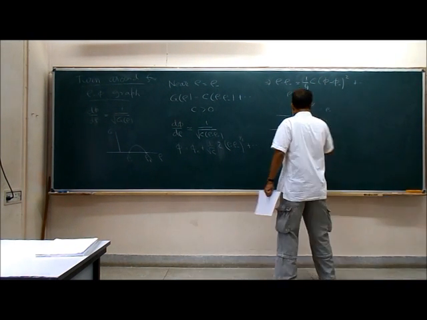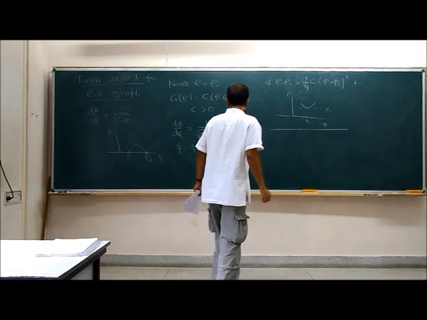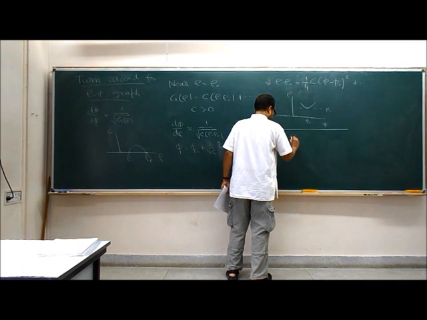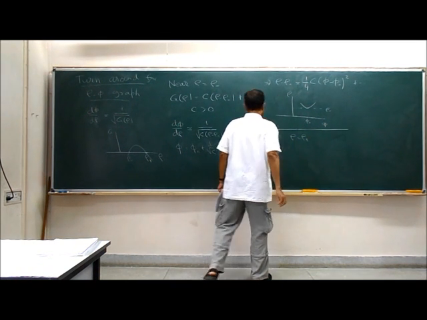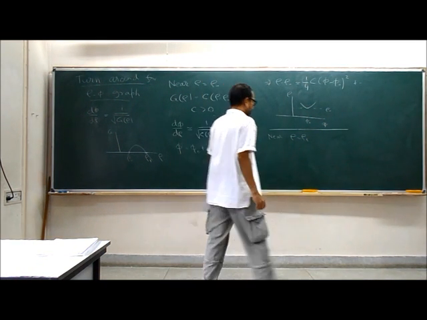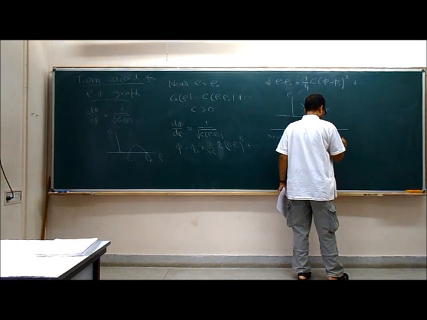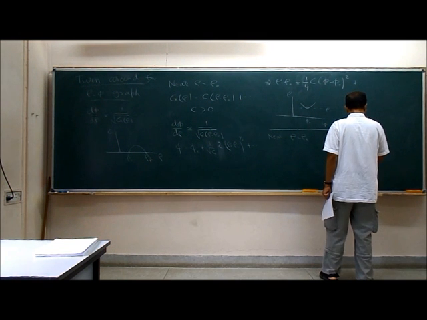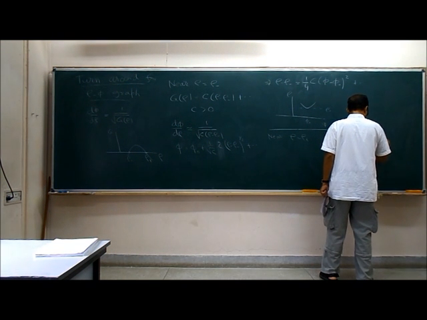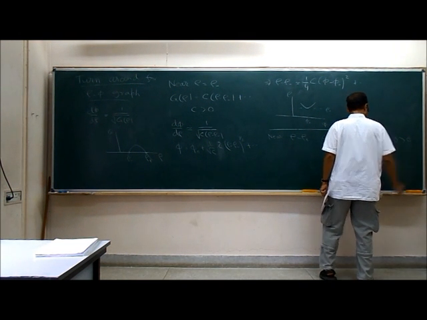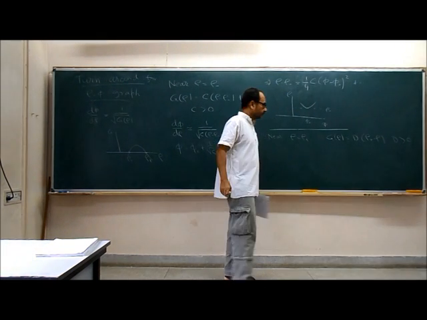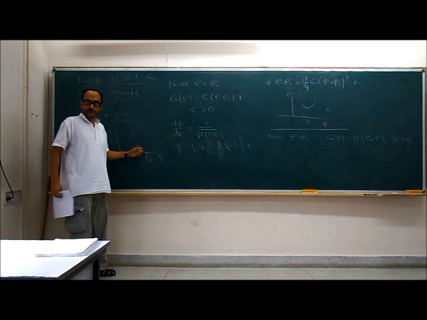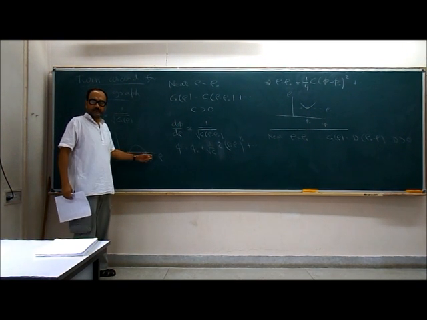Now we can do the same thing near rho plus. So near rho equal to rho plus, what will you get? We will get G equal to some other constant d times rho plus minus rho, with d positive, because for rho less than rho plus, the function is positive. For rho larger than rho plus, the function will be negative, right?